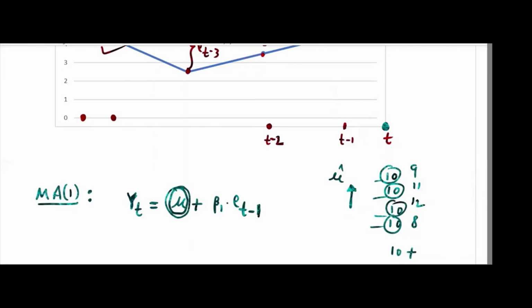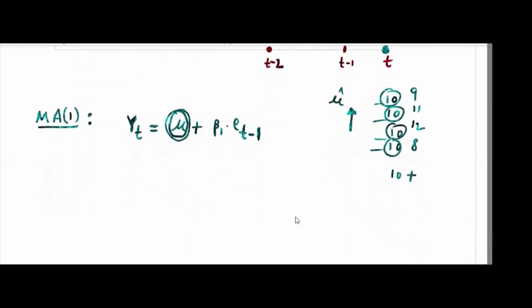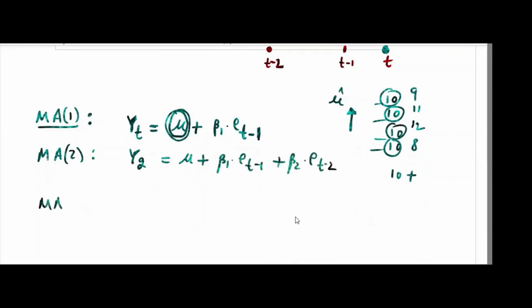We'll see that. And if you write an MA2 process, you will get this way. y(t) will be equal to mu plus beta 1 e(t-1) plus beta 2 e(t-2). That way we'll continue, and we'll have MAq, like we have taken AR(p), MA(q). You need to write y(t) here.